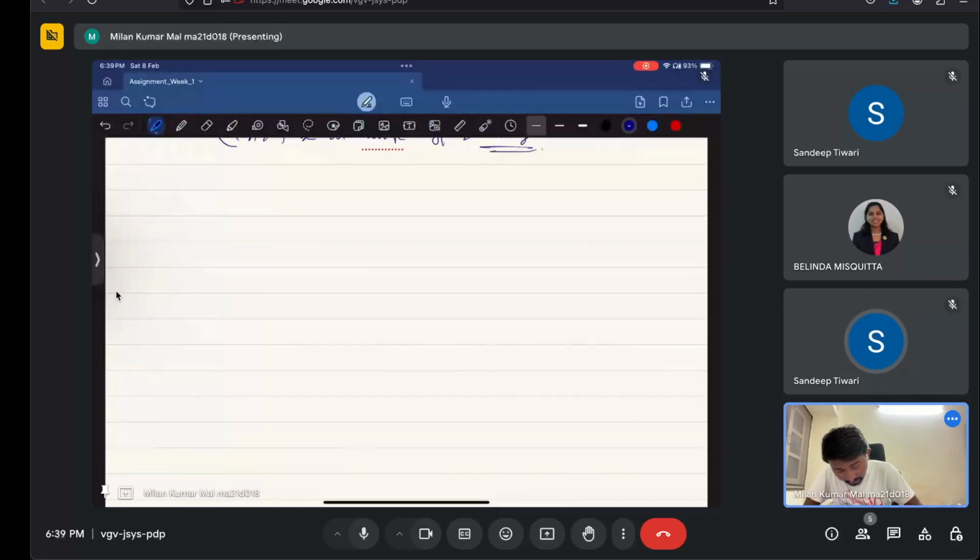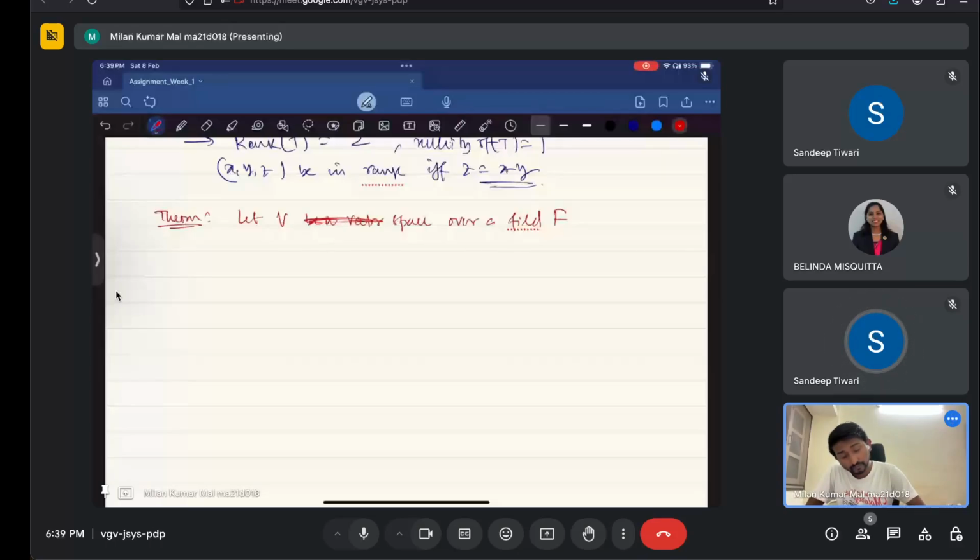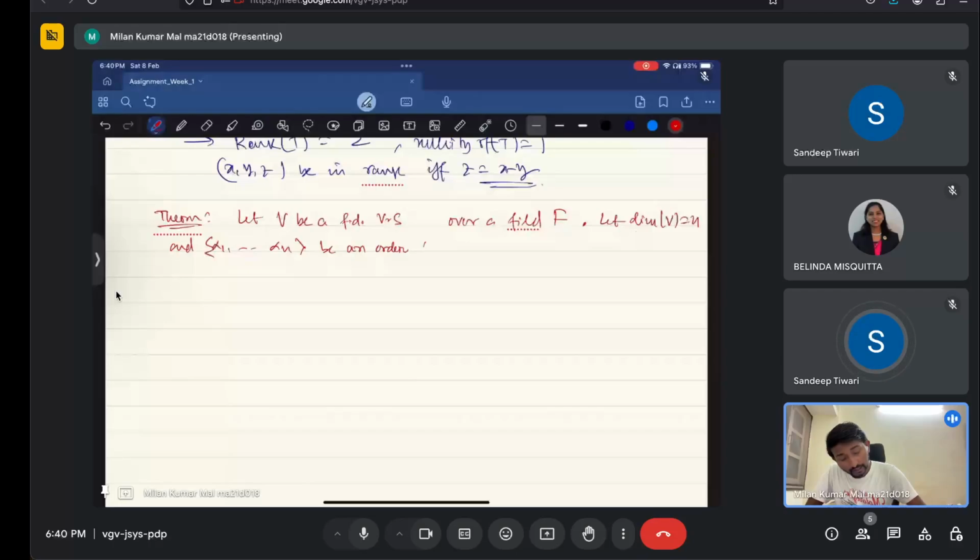I'll just write the theorem. Let V be a finite dimensional vector space over a field F, let the dimension of V be n, and let alpha 1, alpha 2, ..., alpha n be an ordered basis of V.